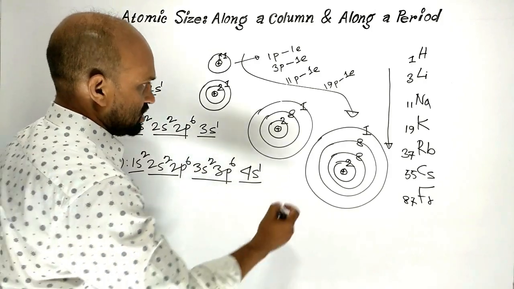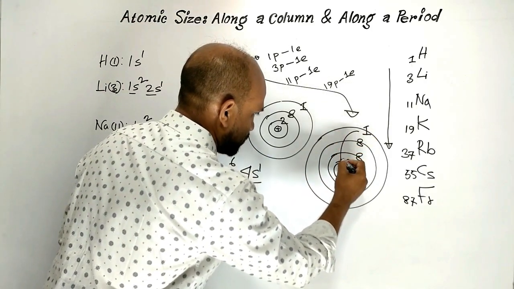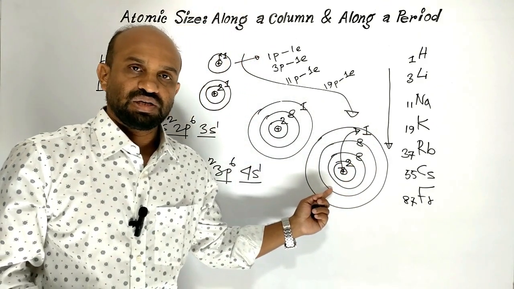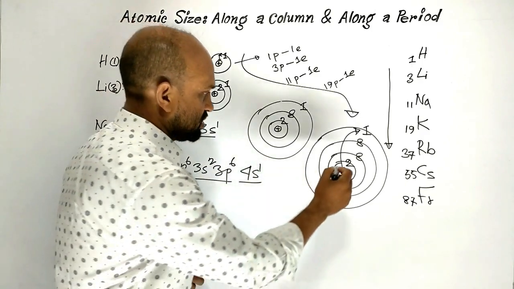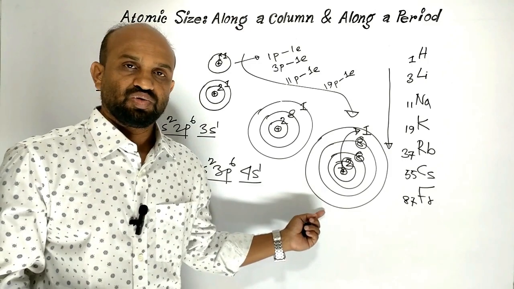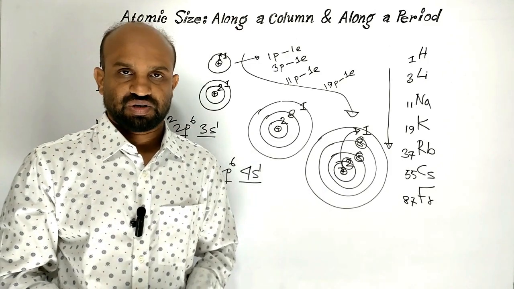Here, the attraction between nucleus and outermost shell electron is shielded by inner shell electrons, which is known as shielding effect.